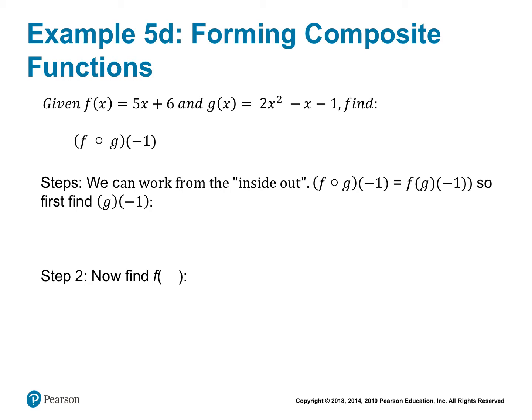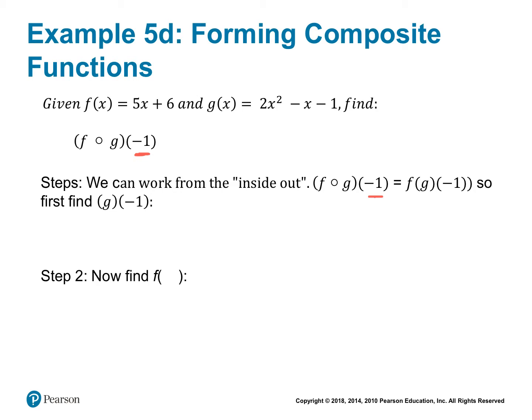Okay, let's try a similar one, but this time I changed it to a negative 1, and I changed our original formula. So another way you can do this, if it's just asking you for a number here instead of an x, you can work from the inside out, is how I like to think of it. So we have negative 1 is what we're trying to find.